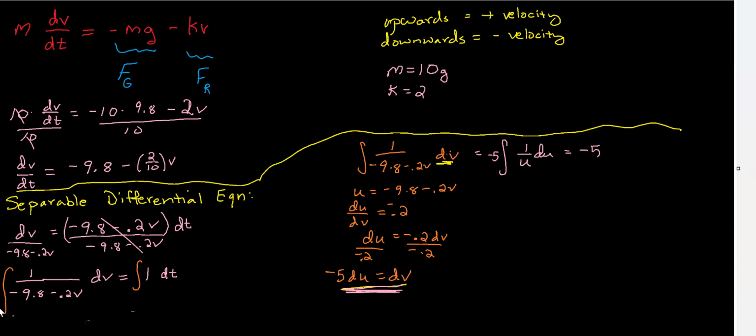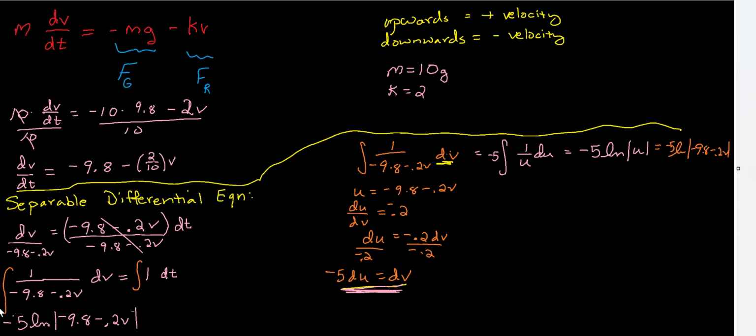Integrating, I have negative 5 times the natural log of the absolute value of u, and going back to the language of v's, that'll give me negative 5 natural log of negative 9.8 minus 0.2v. So my left-hand side looks great. I'm done over there.